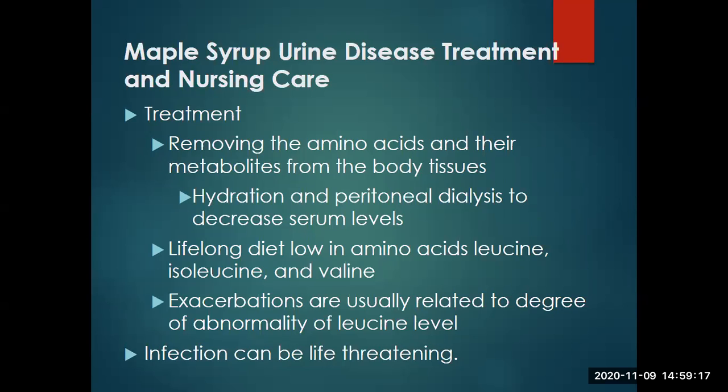Lifelong diet low in amino acids that contain leucine, isoleucine, and valine. Also exacerbations are usually related to the degree of abnormality of these leucine levels. And also infection can be life-threatening.